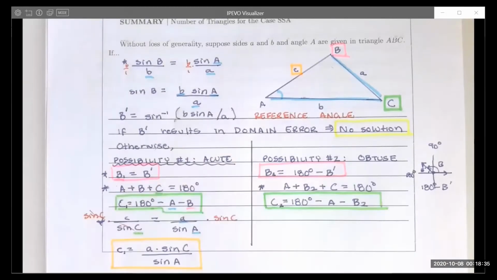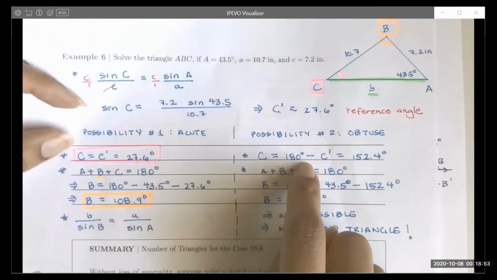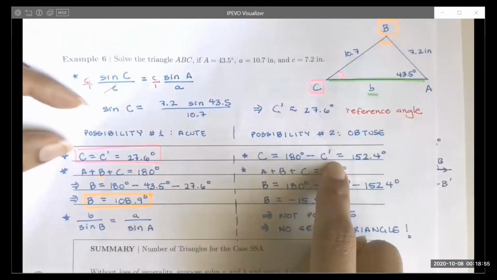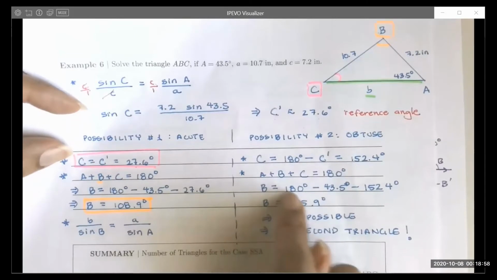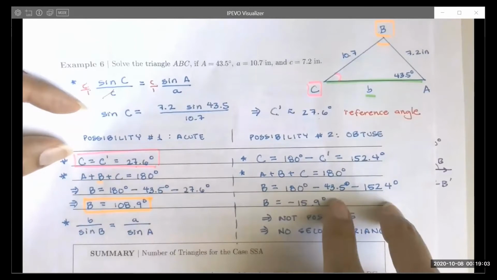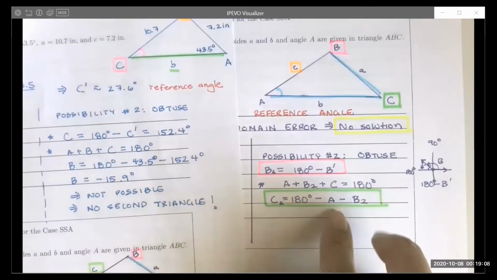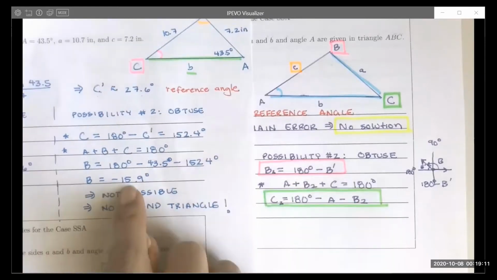Now, we have to be careful because we did this for one example, example number 6, and we came across the following result. We did C is 180 minus C prime, so in this case, we were solving for C rather than B. But when we tried to find the last missing angle and we did 180 minus the two known angles, which is the equivalent of what we're doing here, we got something that was negative.